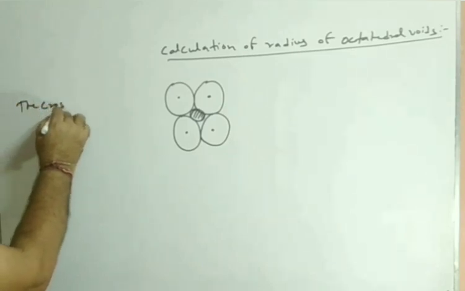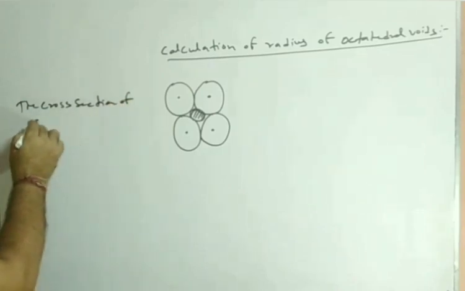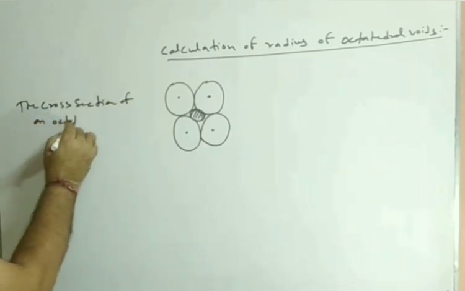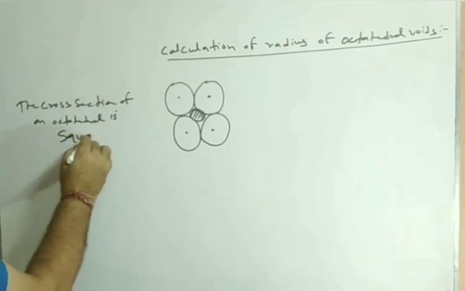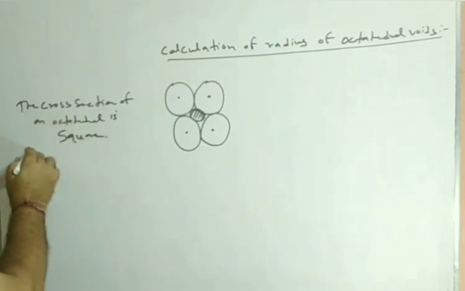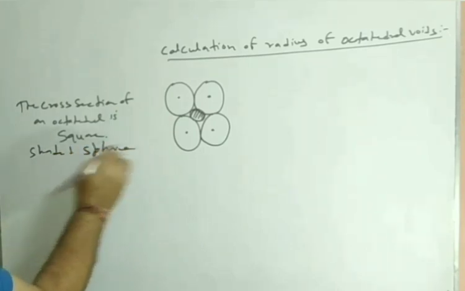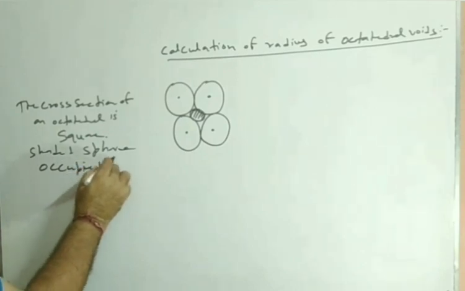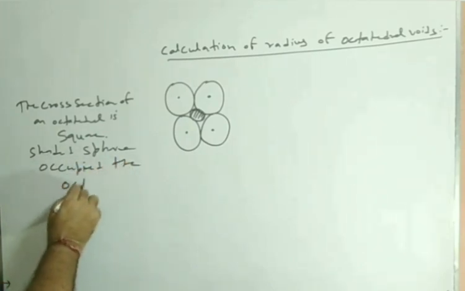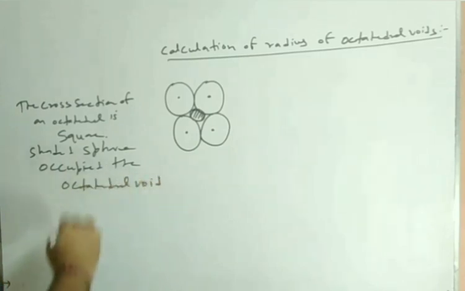The cross section of an octahedral void is a square. The shaded sphere occupies the octahedral void.